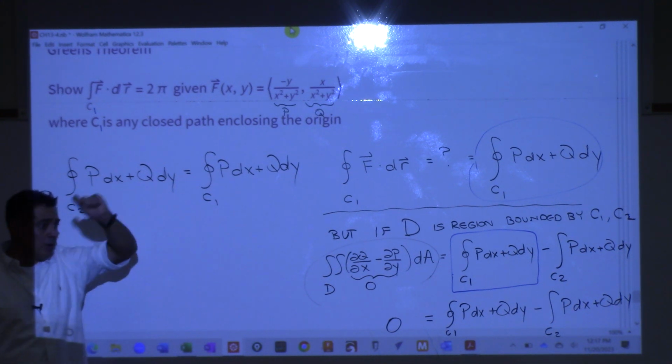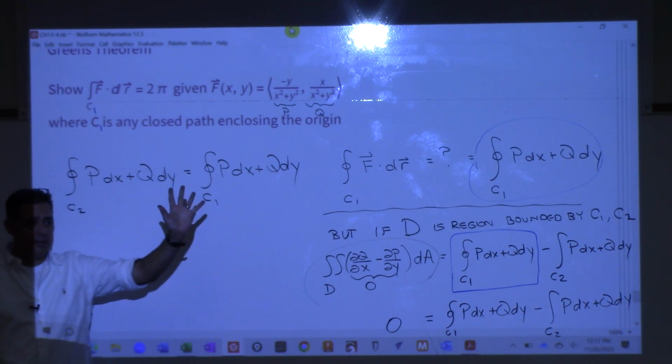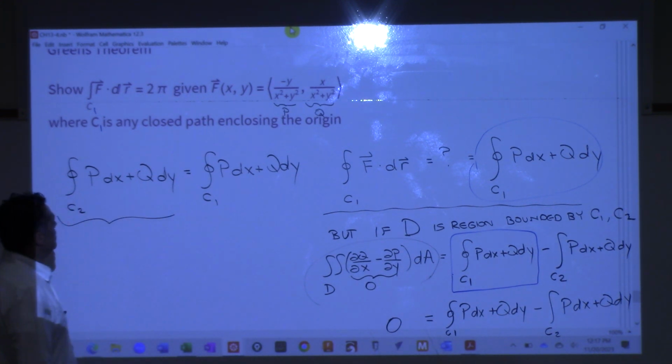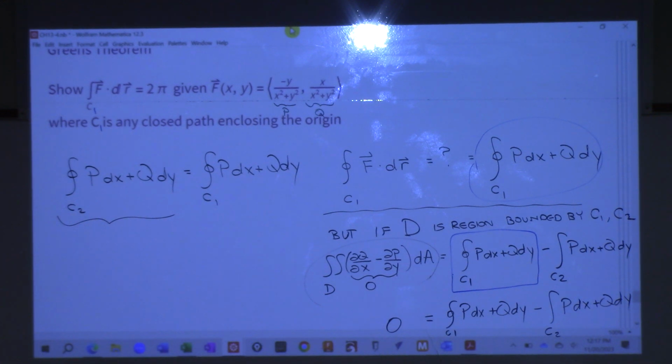That was the arbitrary curve that I drew. That could be any curve, right? But this is not arbitrary. This is a circle of radius A. So if this is a circle of radius A, then can we actually compute this? Yeah.